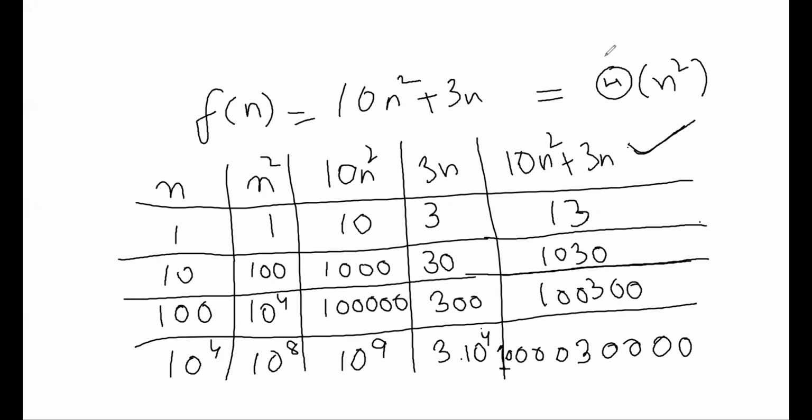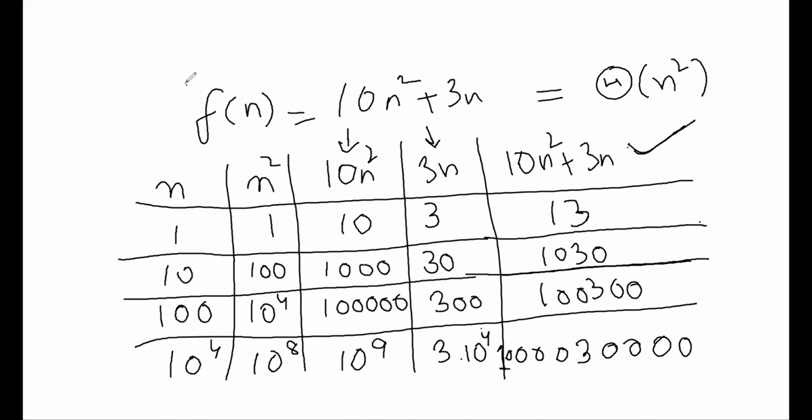Okay. So if you look at these two columns here, 10n square plus 3n. If you are writing a program where one of your loops takes the time 10n square, and there's another loop that takes the time 3n. Now you look at the value as n increases, where does your program spend most of its time?